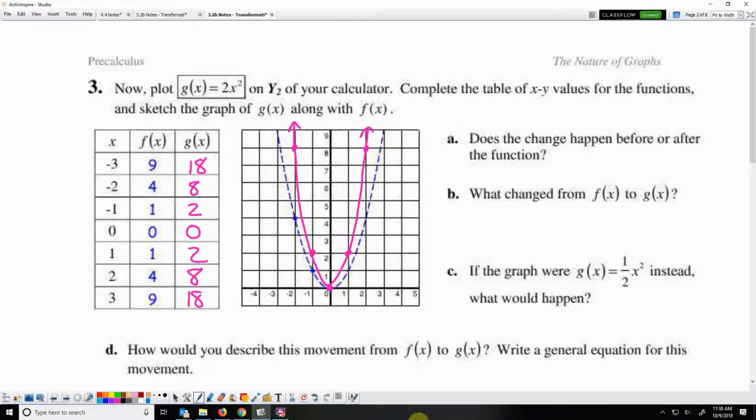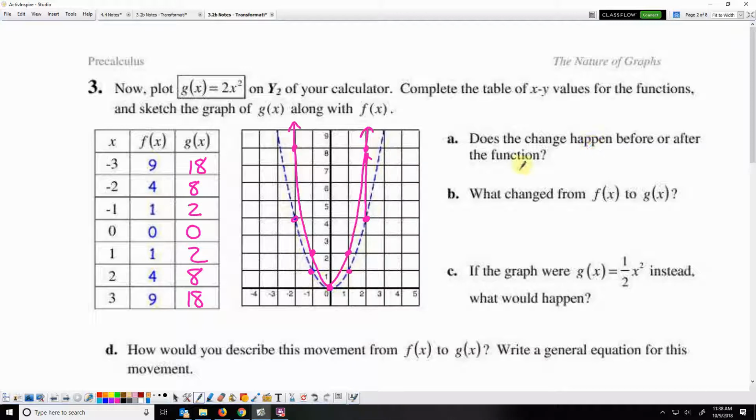Some people would look at this graph and say, hey, it got skinnier, but no, it didn't get skinnier. What happened was it got taller. These outputs right here moved up, and these two outputs moved up. So what's happening is each output is getting taller.